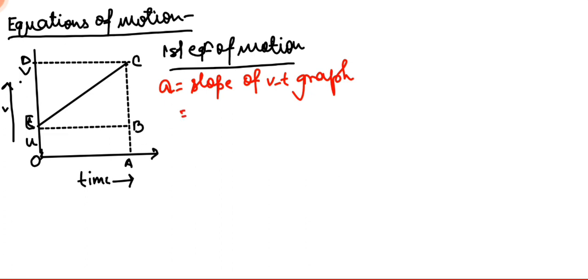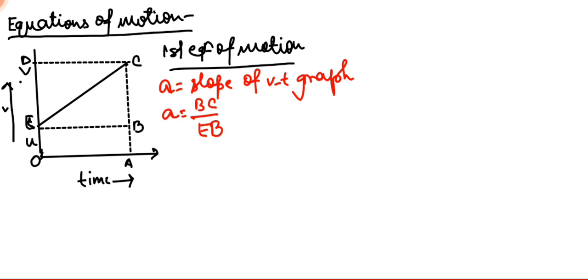So acceleration will be equal to the slope, which is represented by BC upon EB. So this is the slope.